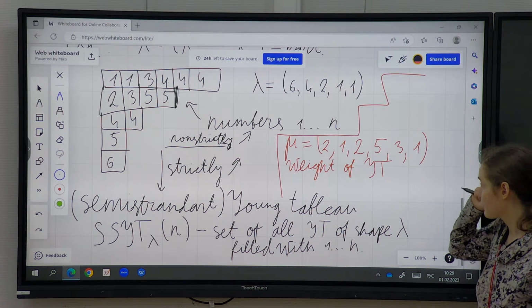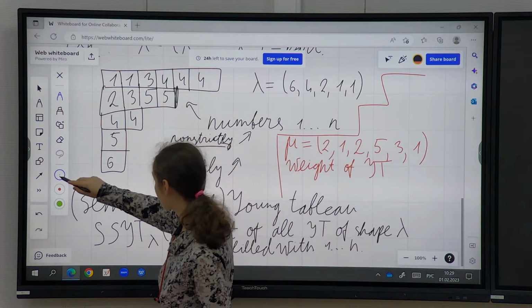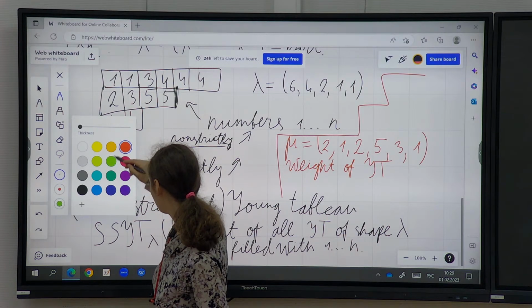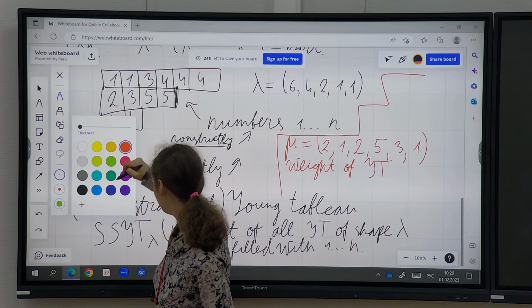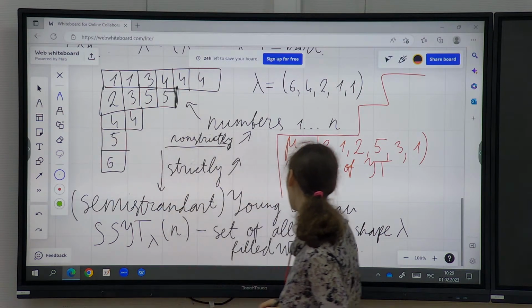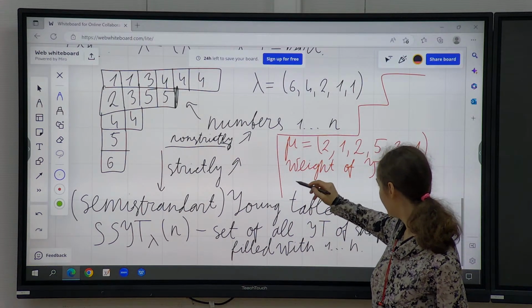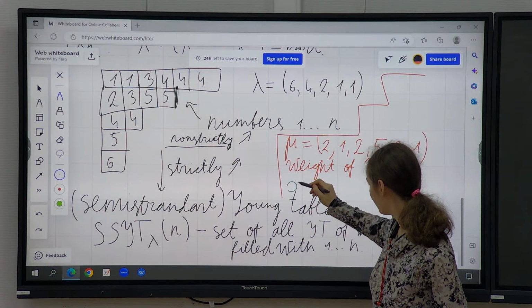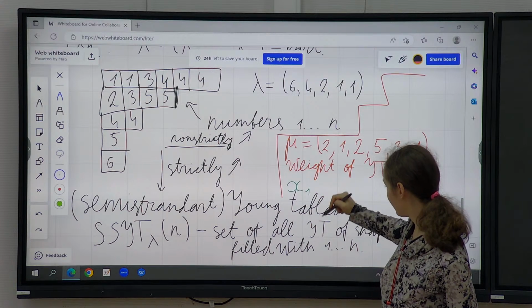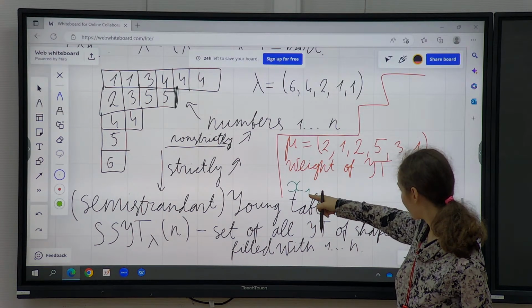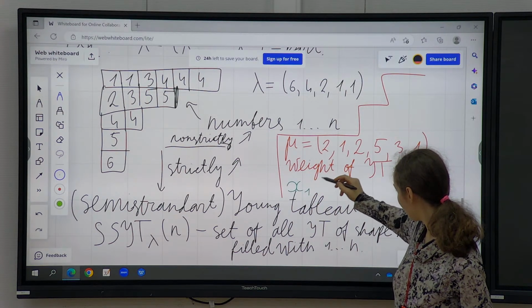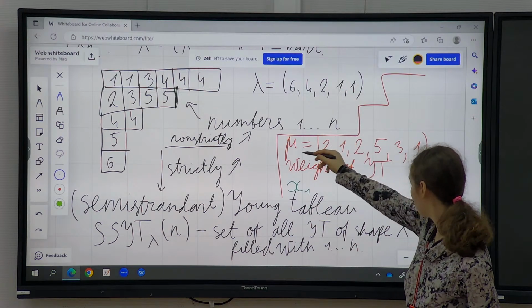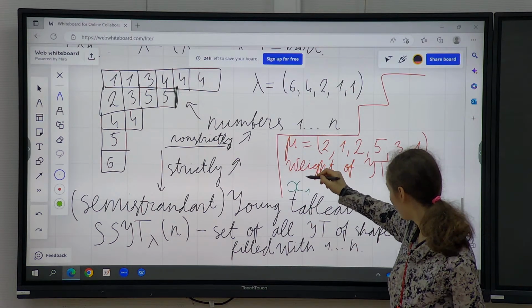So for each Young tableau, we can write a monomial like this: x i to the power of mu i.